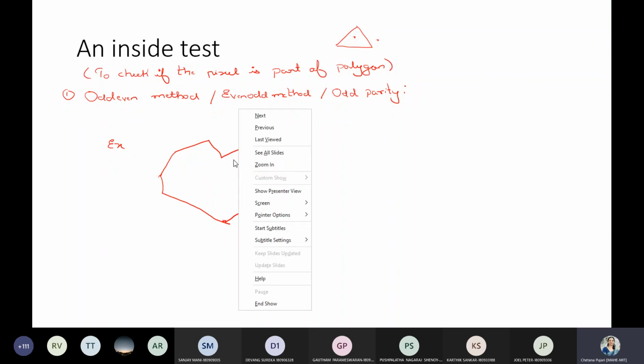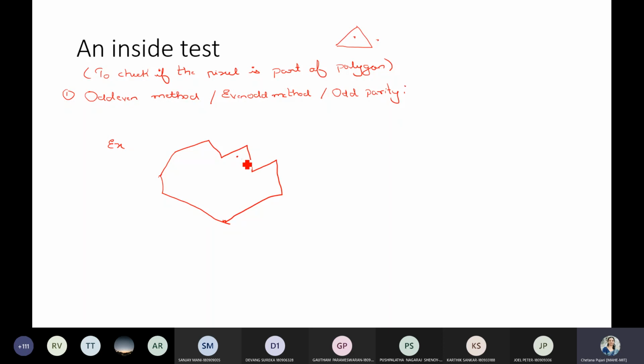Say my point is this, and I'm going to represent it as X. So this is the point in question. What it specifies is you are going to construct a line segment between the point in question and a point known to be outside the polygon. Let's say outside the polygon, somewhere here we have a point. So you are going to draw a line segment like this.